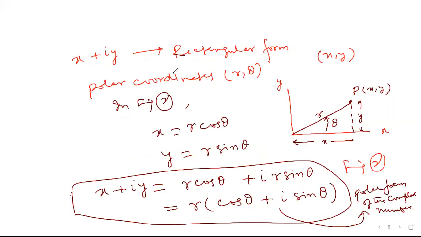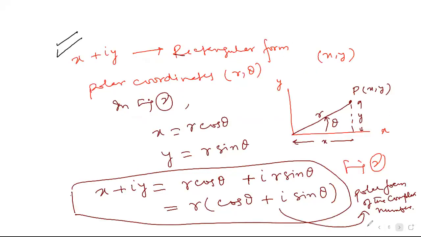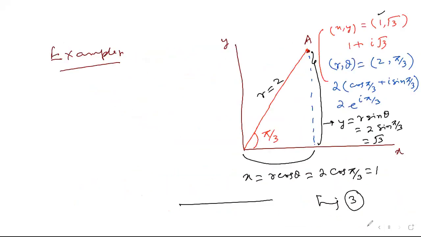Then we said that complex number can be written in this way. This form of writing a complex number is called rectangular form, and this form, when we write complex number in this way, r cos theta plus iota sine theta, we are making use of polar coordinates of point P, or we make use of this formula, cos theta plus iota sine theta is e raised to iota theta. This form is called polar form. Then we discussed this example.